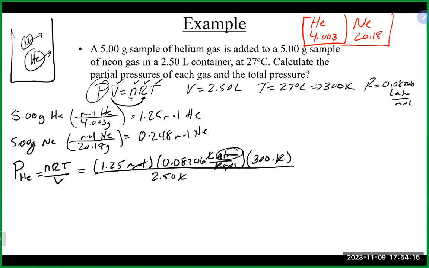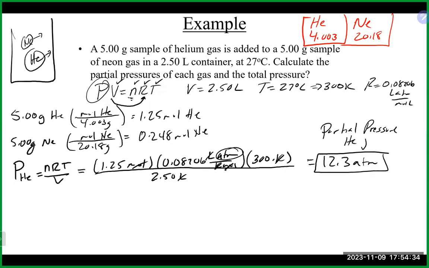And it's going to give us 1.25 times 0.08206 times 300 divided by 2.5. Looks like 12.3 atmospheres. This would be the partial pressure of helium in this case. Any question on that calculation there?